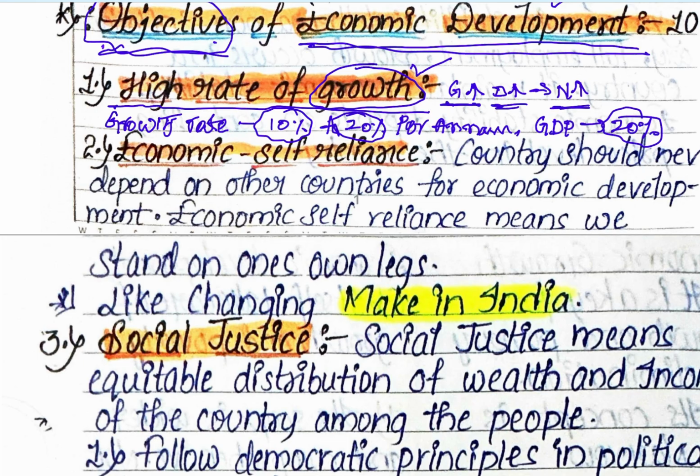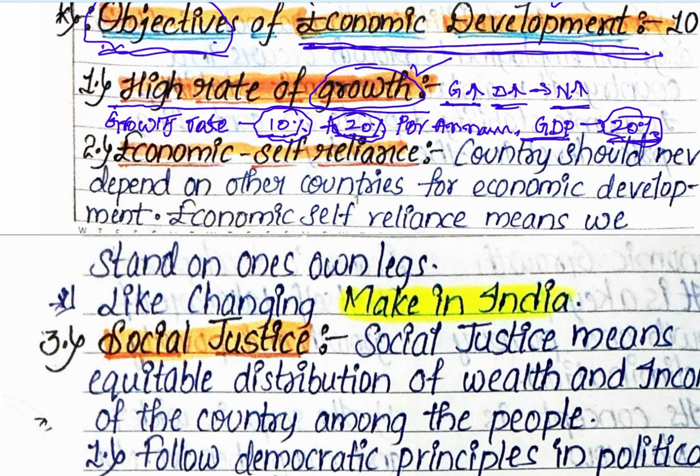Increasing the real output of the country is called a high rate of growth. The annual growth rate must increase from 10 to 20%, and the GDP also increases up to 20%. Then that nation is achieving economic development.